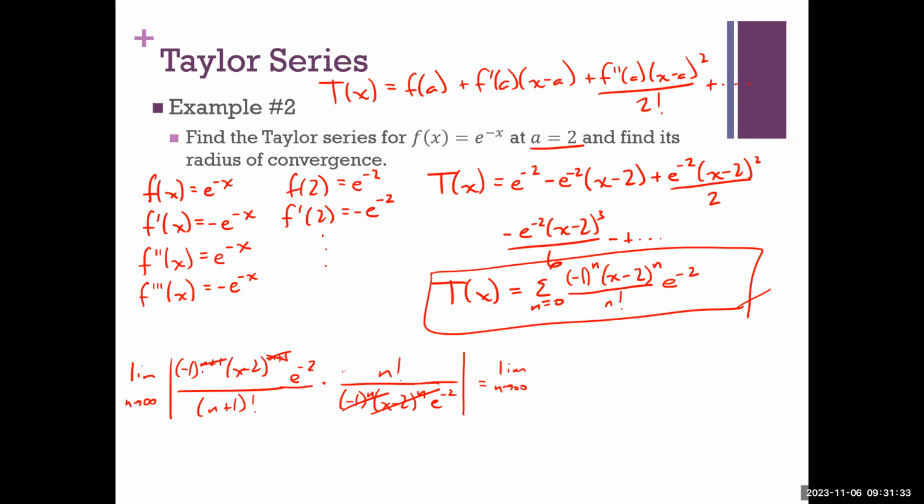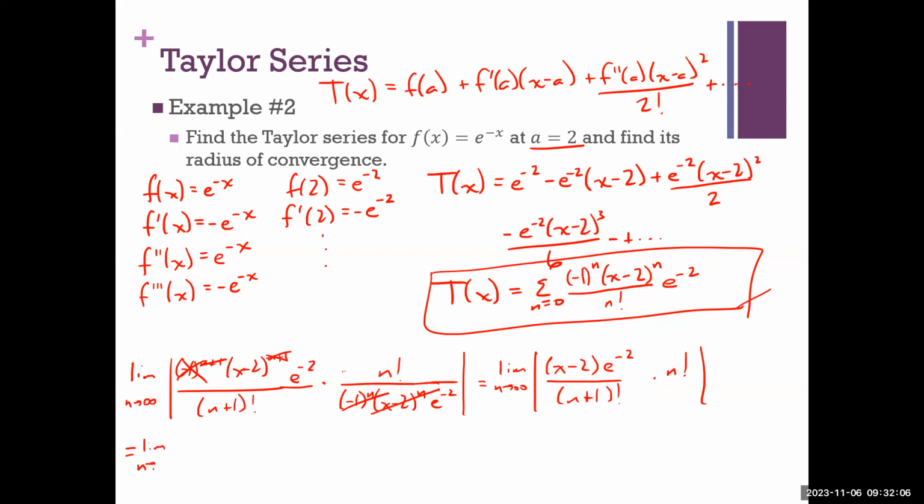But I have an absolute value, right? So I think that negative 1 is going to just, its behavior is going to go away as well. So let's do that for now. So I have x minus 2 times e to the negative 2 over n plus 1 factorial times n factorial. All right, good.